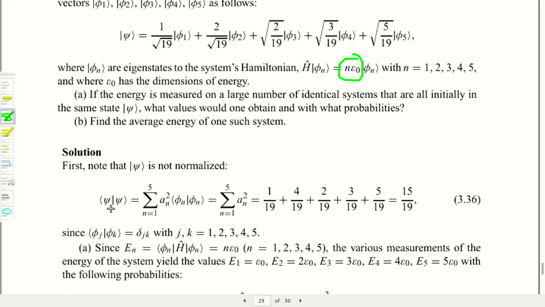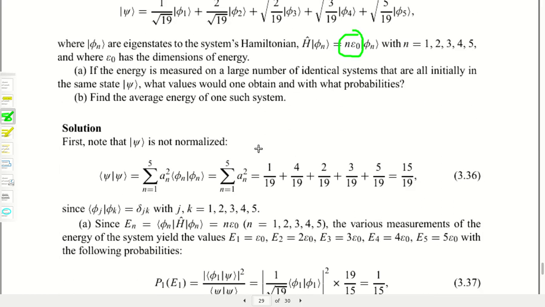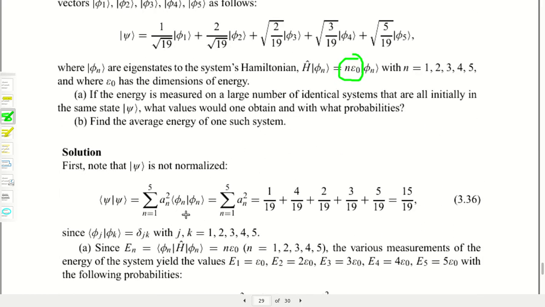See how it is checked. Bra psi ket psi is checked, and bra psi ket psi means the cross terms will be 0, because phi 1, phi 2, phi 3, phi 4, phi 5 are obviously an orthonormal set, and it is written over here. So the cross terms will not appear in this sum.